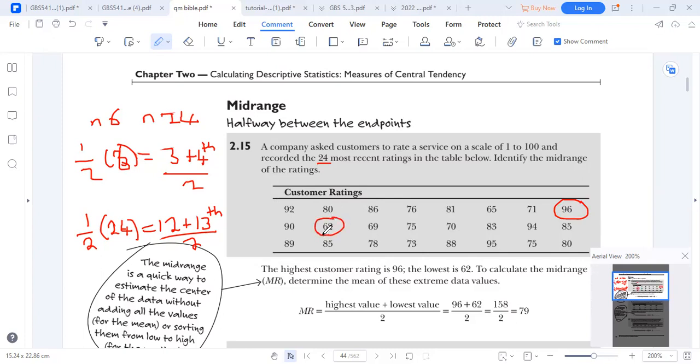You add the smallest number and the highest number, you divide by 2. This is to determine the extreme data set. So you get 158 divided by 2, which is 79. So this is what we call our mid-range.